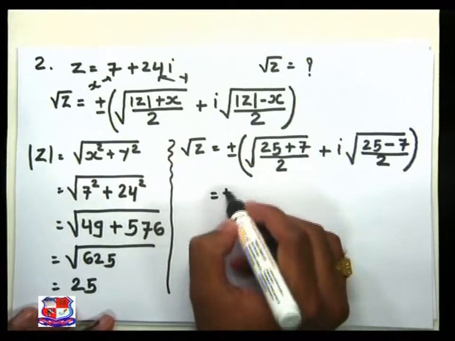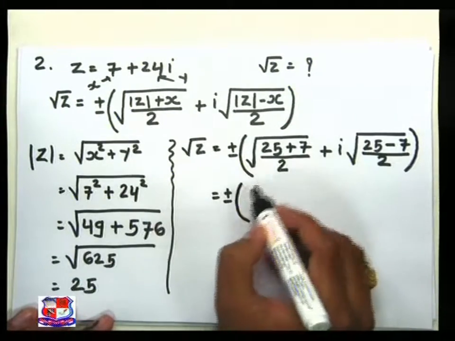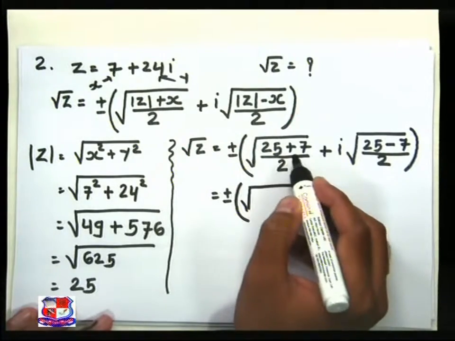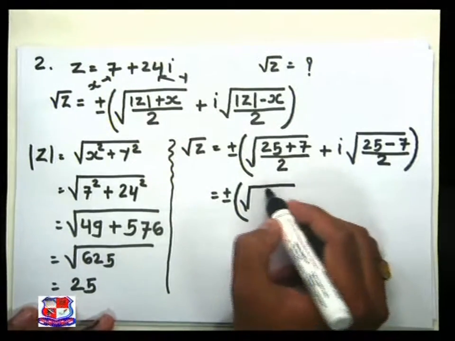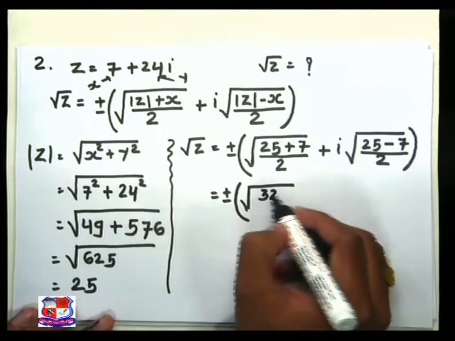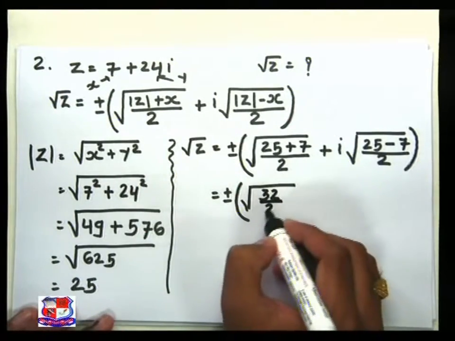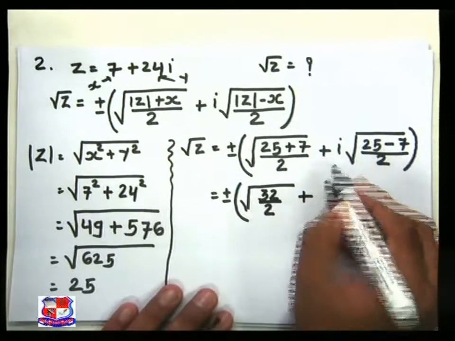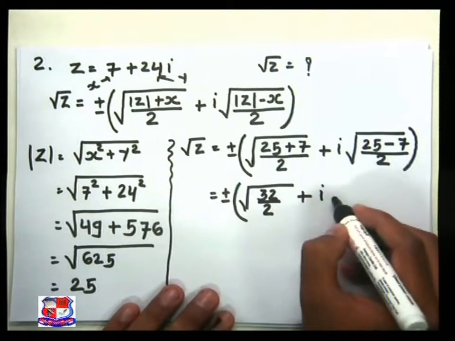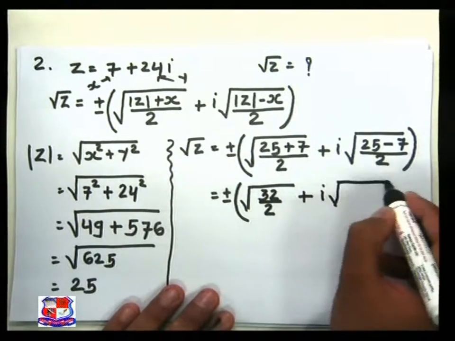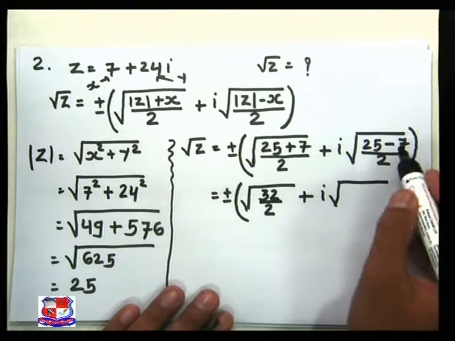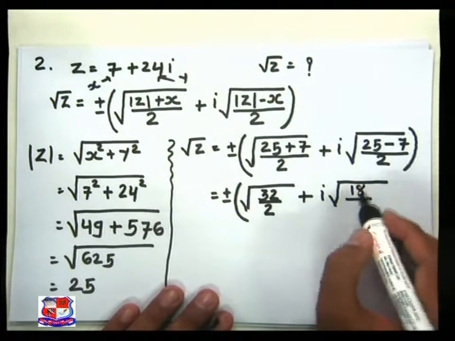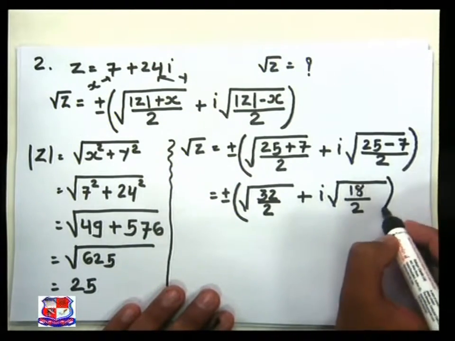So plus or minus under root of 25 plus 7, that is nothing but 32, divided by 2, that is as it is, plus i as it is, under root of 25 minus 7, that is 18, divided by 2 as it is, bracket complete.